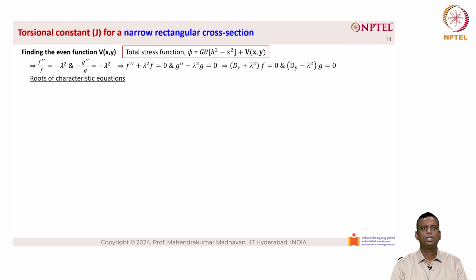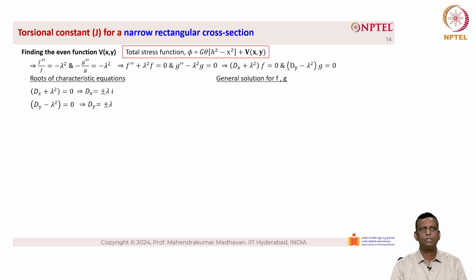The roots of the characteristic equation for d of x plus lambda square equal to 0 is d of x equal to plus or minus lambda i. So for the next one, d of y minus lambda square equal to 0, we have d of y equal to plus or minus lambda.